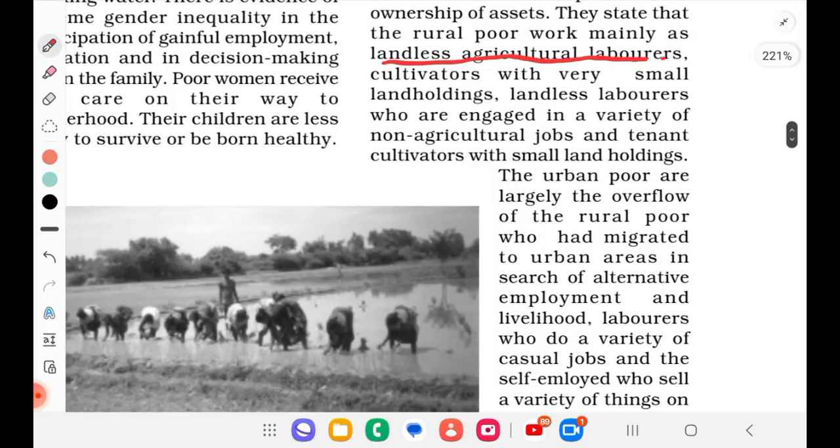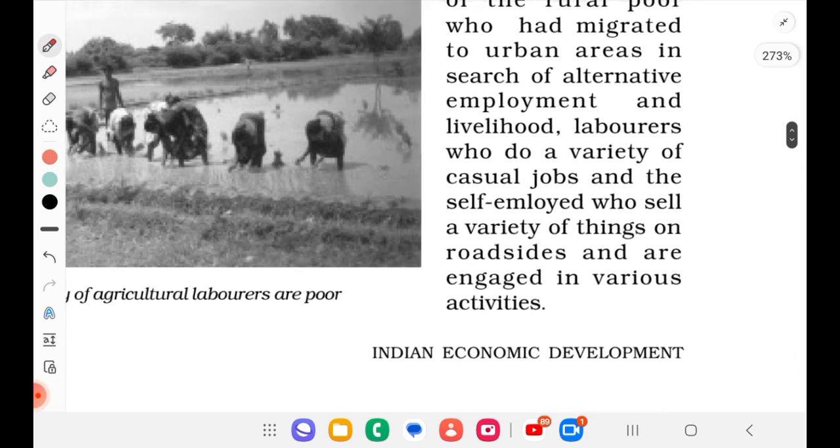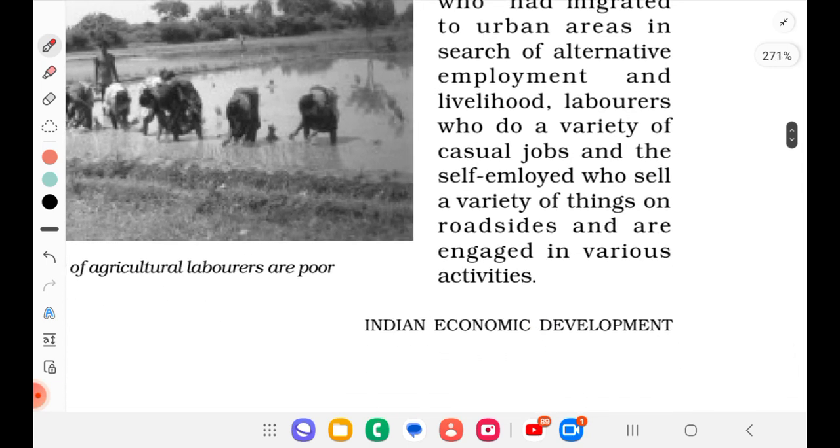The urban poor are largely the overflow of the rural poor who had migrated to urban areas in search of alternative employment and livelihood, laborers who do a variety of casual jobs, and the self-employed who sell a variety of things on the roadside and are engaged in various activities.